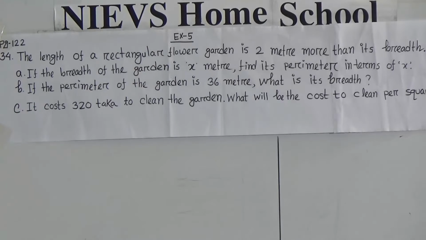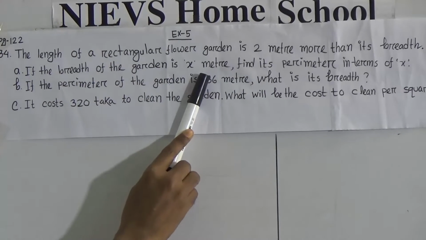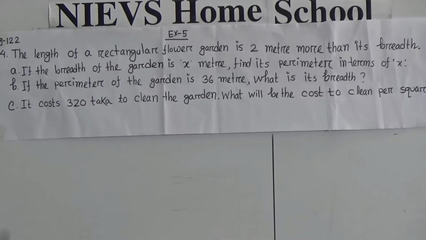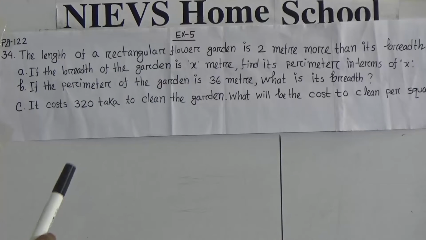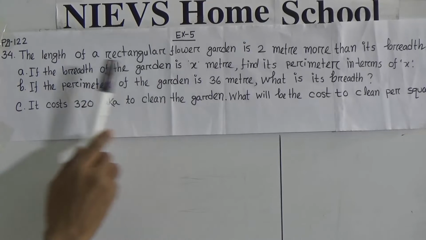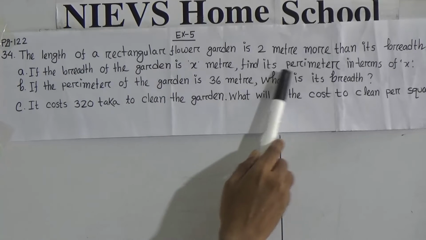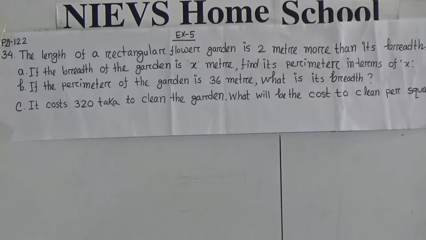Now, A number question: if the breadth of the garden is x meter, that means this information is given, you have to consider breadth of the garden is x meter. Then find its perimeter in terms of x. That means you have to express its perimeter so that only x remains.